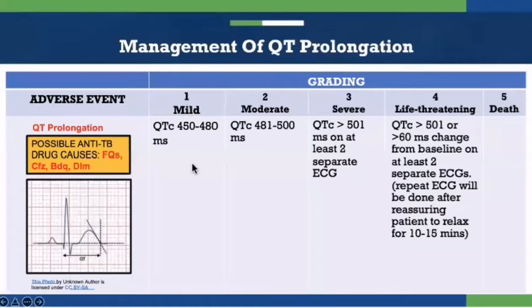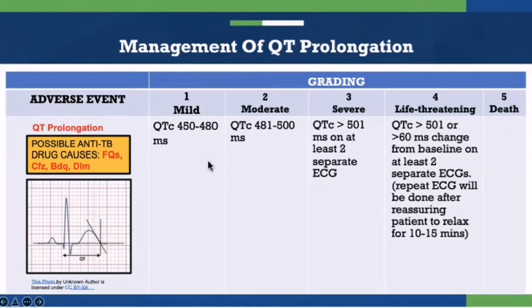If you arrive at a QTc of 450 to 480, that is considered mild. If your QTc computation is more than 501 milliseconds, or more than 60 ms change from baseline on at least two separate ECGs, that is considered grade 4 and it is life-threatening.